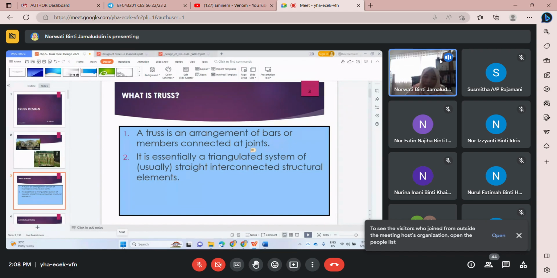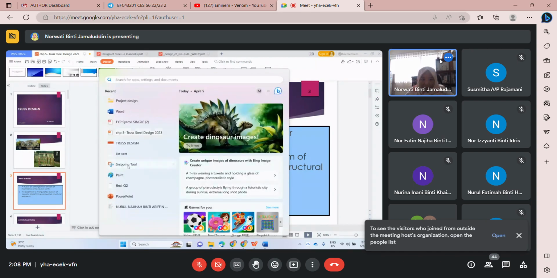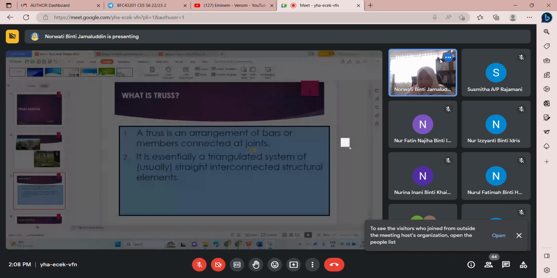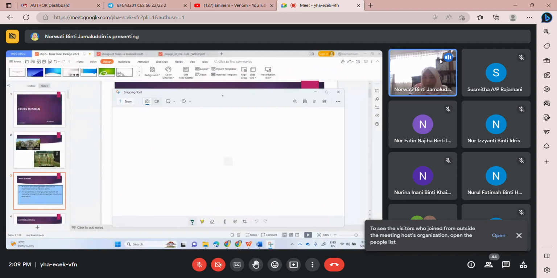For steel, normally we will use angle. So for a truss member, it is an arrangement of bar or any other cross section shape.